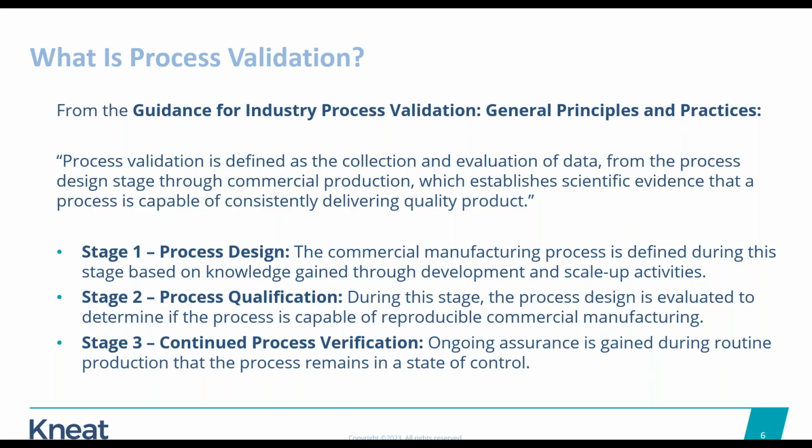This can also be known as concurrent validation, but some of these terms are interchangeable. Again, this is where you're continuing to show that you're delivering quality products. As we go through the presentation, I will take you through each of these stages in more detail, and then we'll also go over some additional information after that.